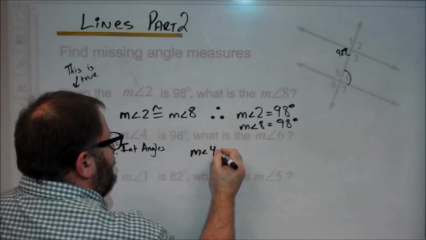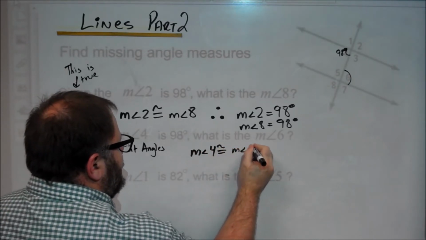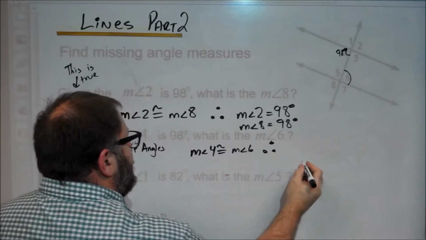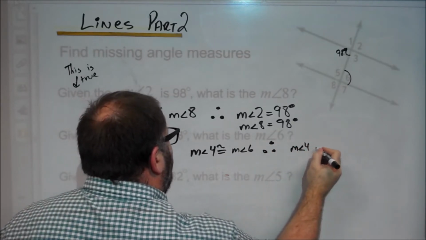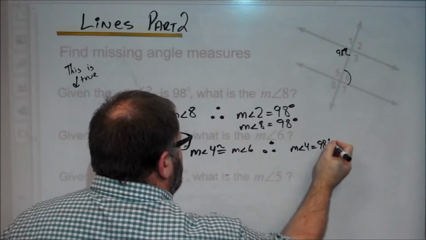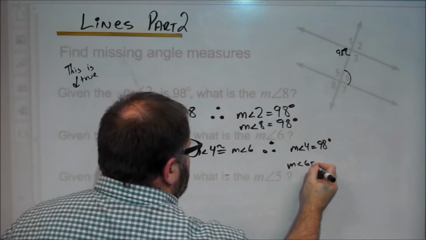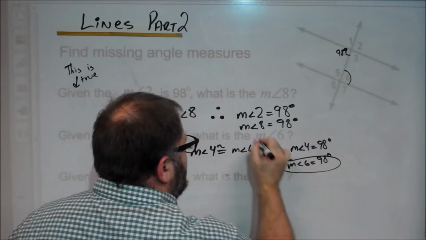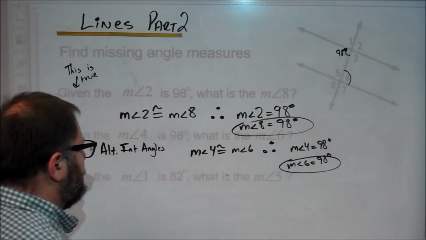The measure of angle 4 is congruent to the measure of angle 6. Therefore, dot, dot, dot, the measure of angle 4 equals 98 degrees. The measure of angle 6 equals 98 degrees. That's our answer.